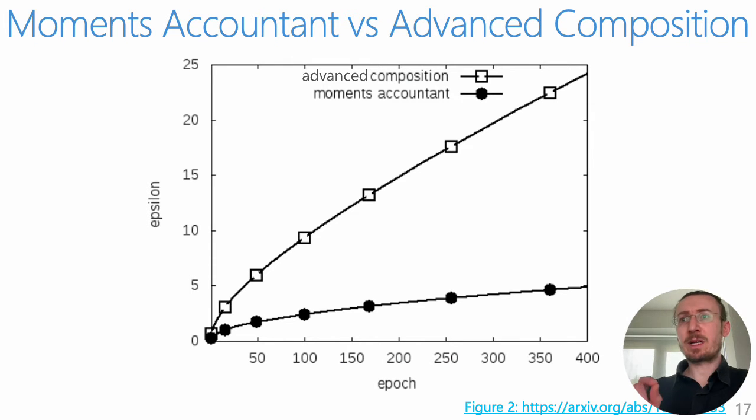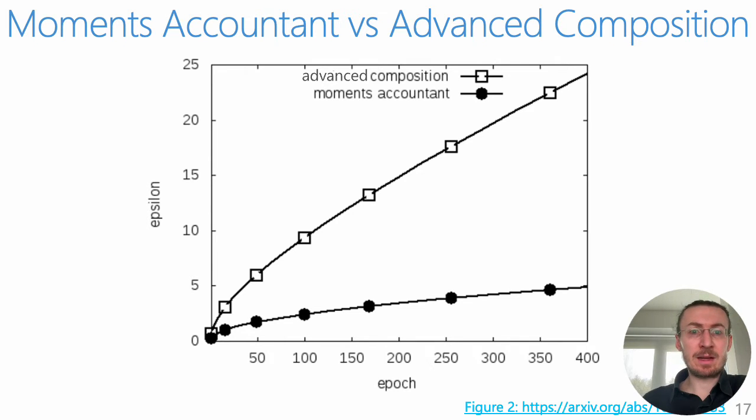So before we delve into these details, we have to first analyze if this is useful. Here we showed the difference in the privacy guarantees in practice between advanced composition and the moments accountant. And actually this difference between these two ways of aggregating epsilon values is really significant.